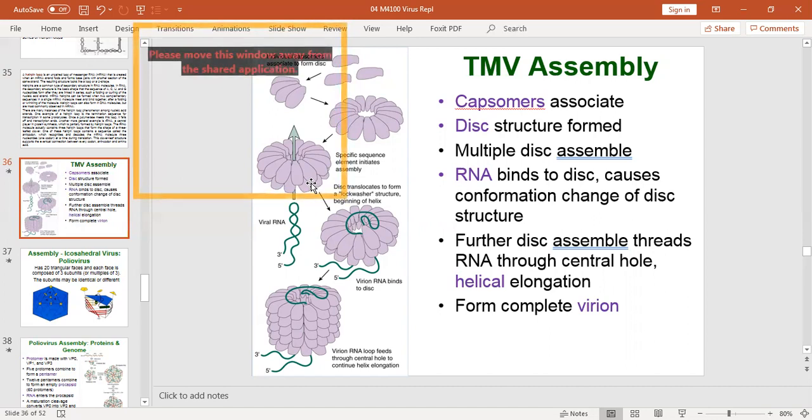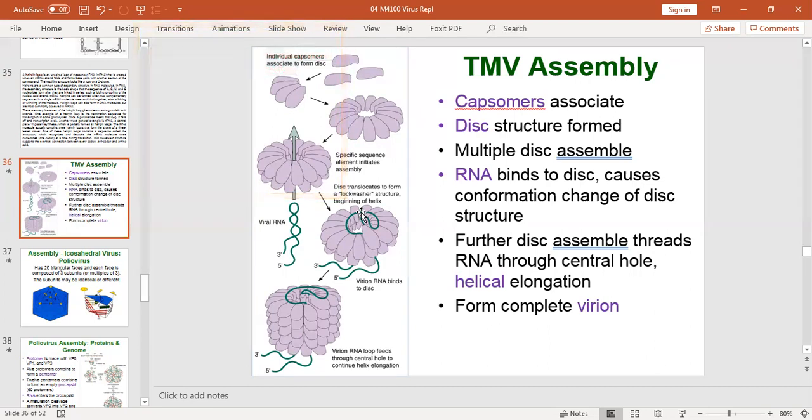The outside proteins will help to hold these two discs together, whereas the inside will basically form a lock washer structure. Then the PAC site of the RNA will interact with this gap or lock washer structure, and this will result in RNA being hooked.